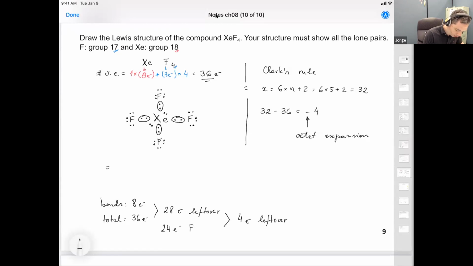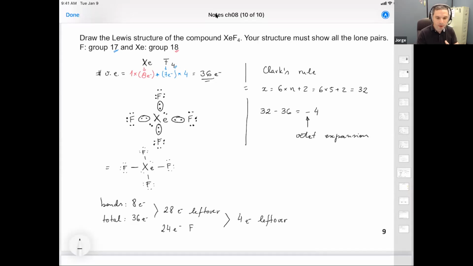Another way to draw this structure is to represent each bond by a solid trace. And I always want you to represent the non-bonding electrons in the structure, because that's going to be really important in the future. Okay, so with that, that's an example when an atom expands its octet.